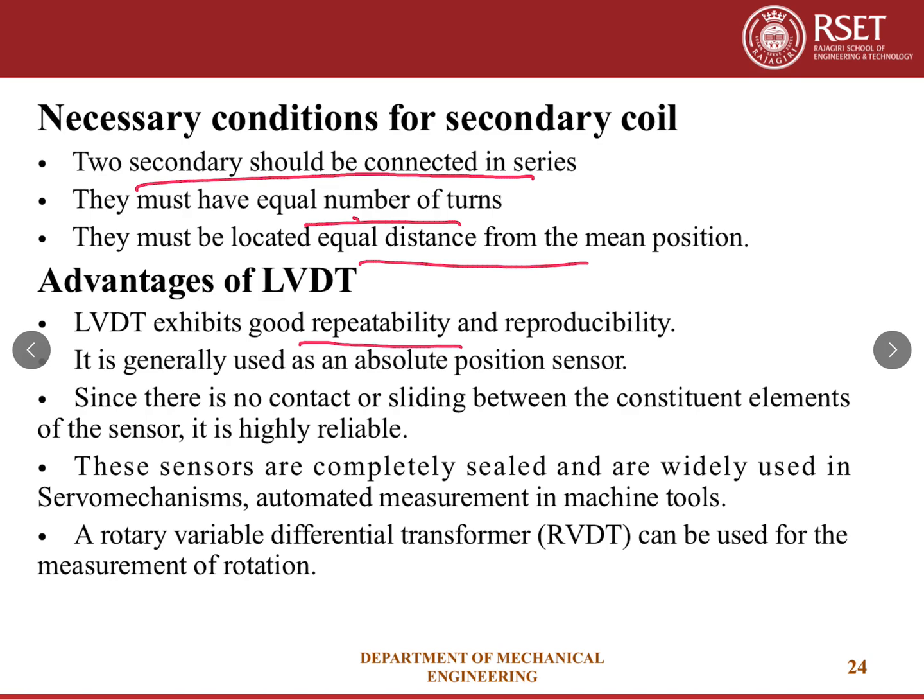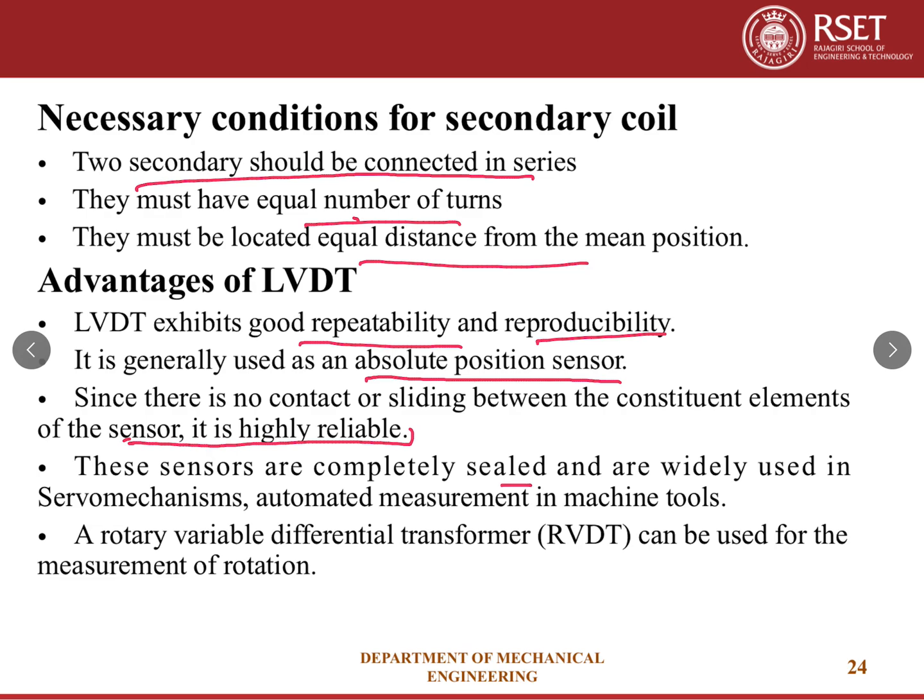LVDTs exhibit good repeatability and reproducibility. That's a very good advantage. They are generally used in absolute positioning sensors. Since there is no contact or sliding between the constituent elements, it is highly reliable.